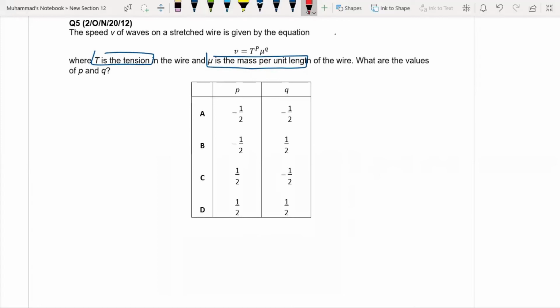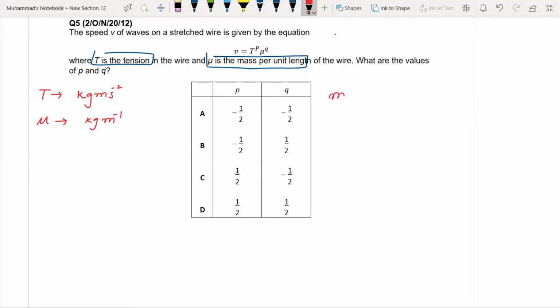We have to put units of given quantities. You know that T is tension and tension is force. So unit of tension will be kg meter per second square, and unit of mu is mass per unit length. So kg per meter. So just put units of these quantities.